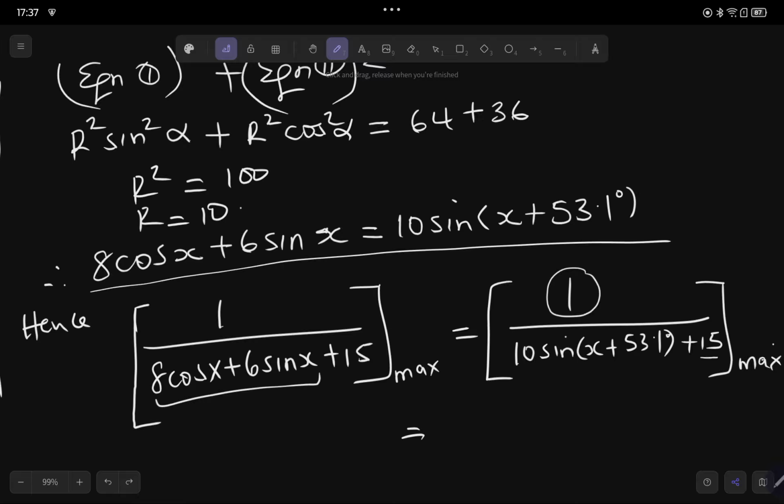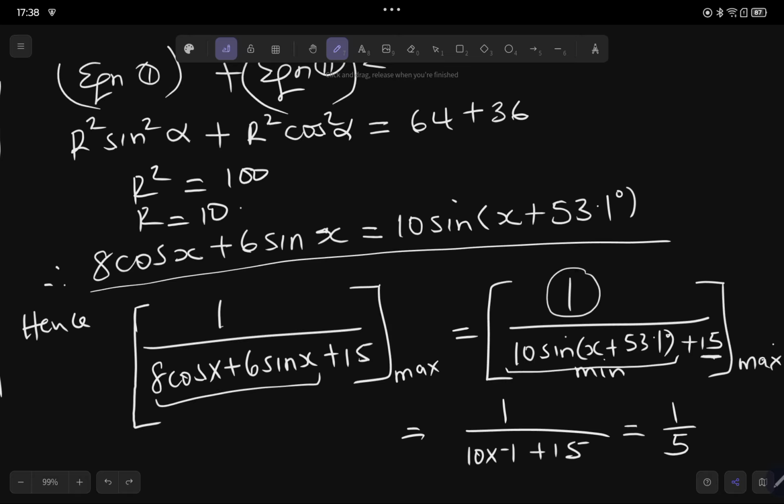Since 15 is fixed, it cannot change, whatever you are adding to 15 must be very small for the whole sum to remain small. So I'm looking for the minimum of this, and the 10 times what? The lowest value of sine is -1. So I get 1 out of 10 times -1 plus 15, and I get the answer as 1 out of 5.